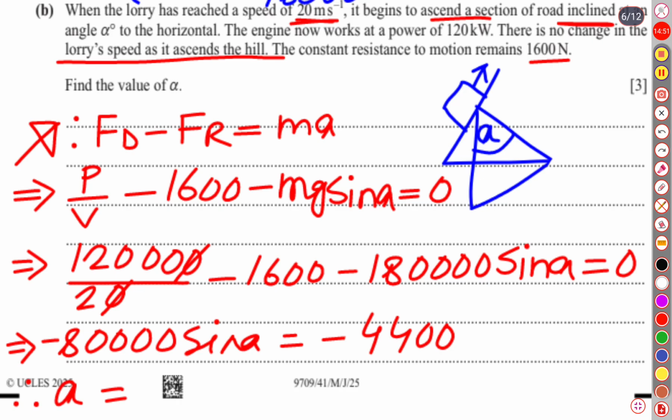Okay, hence our acceleration, alpha, is going to be sine inverse of, if both of the zeros are dissolved, 44 over 800.